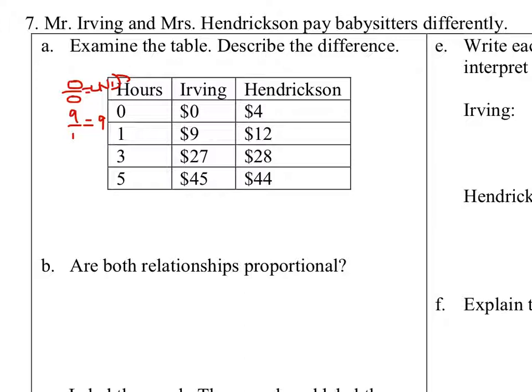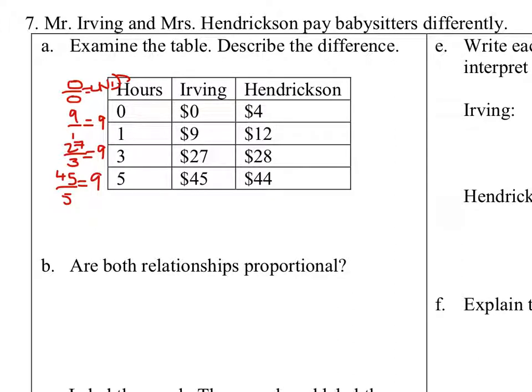And then for $27 you would get paid for 3 hours, which simplifies to 9. So far that looks like a proportional relationship. For 5 hours you get $45, which also simplifies to 9. So Irving is a proportional relationship.